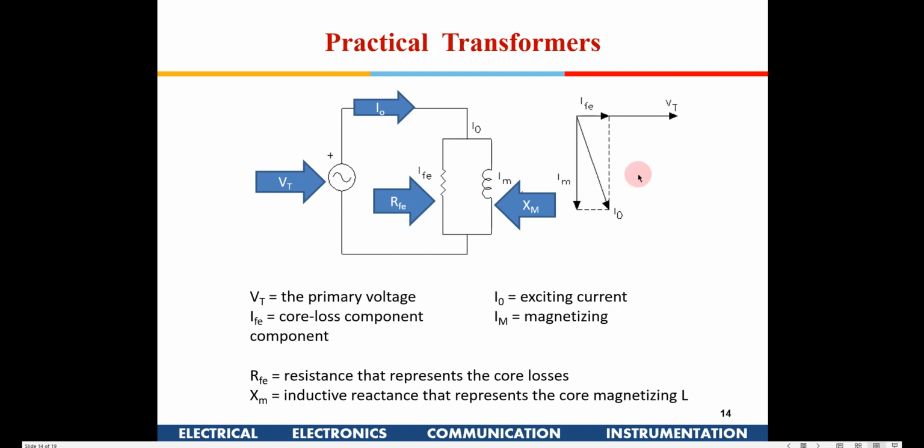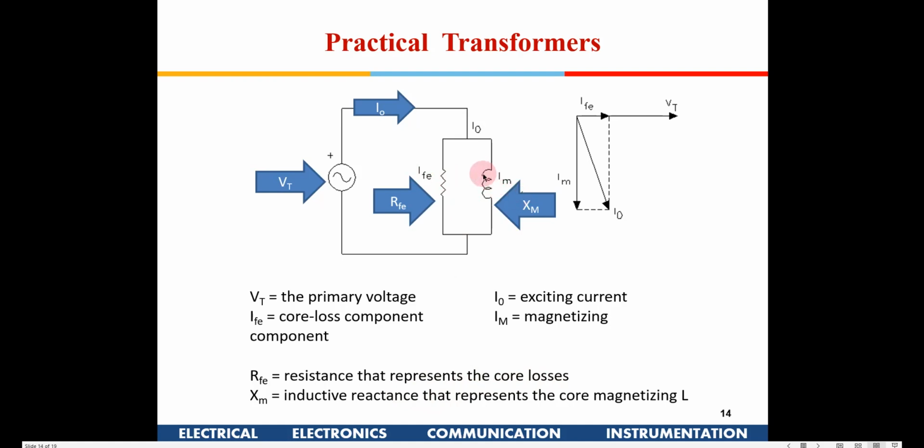Okay. Now the practical transformers, and this is just the primary coil which is shown here. Ideally, if there is no load connected in the secondary, no current should flow there, but there will be a small amount of current flowing in the primary because of two reasons. One is known as IFE, and this component is because of the resistance in the coil.